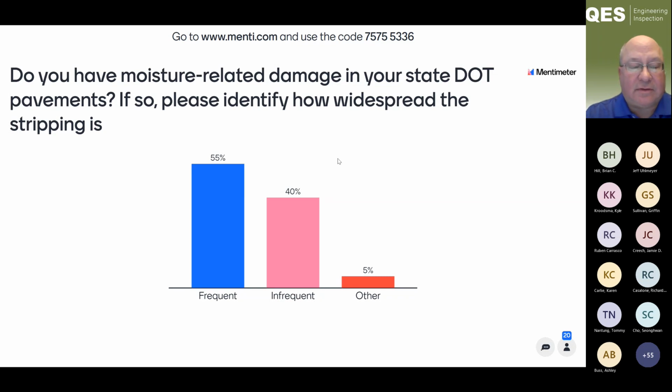Okay, it looks like we've about stabilized with respondents. So the majority is experiencing frequent moisture-related damage or stripping, and it's widespread. But it's only about 15% off from what's infrequent.